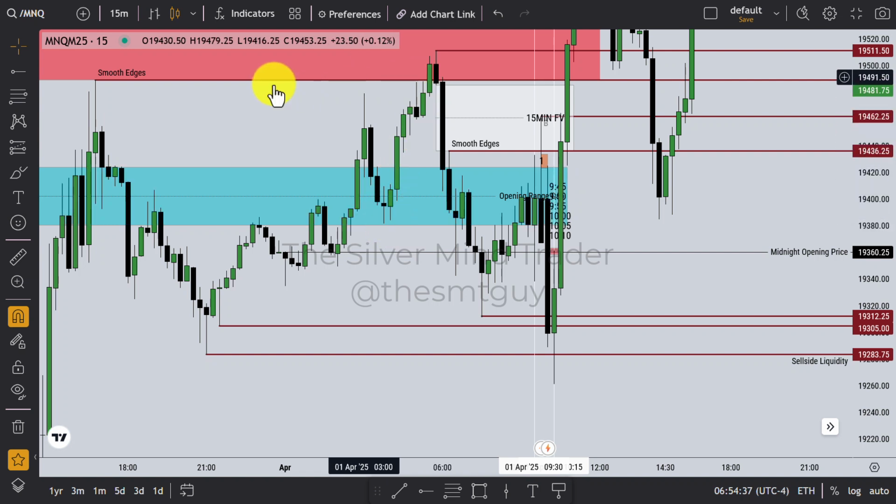Market runs above buy side, breaks down, that's your market structure shift on the 15-minute time frame.